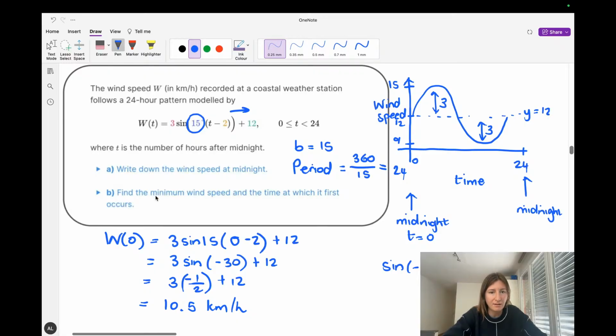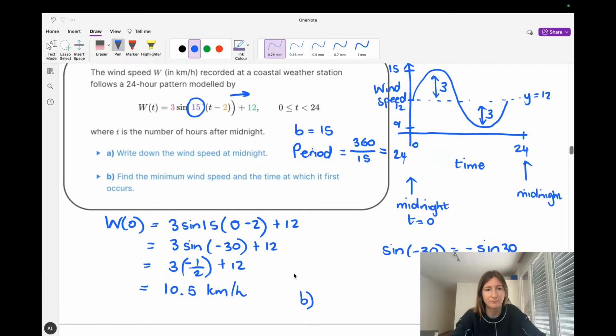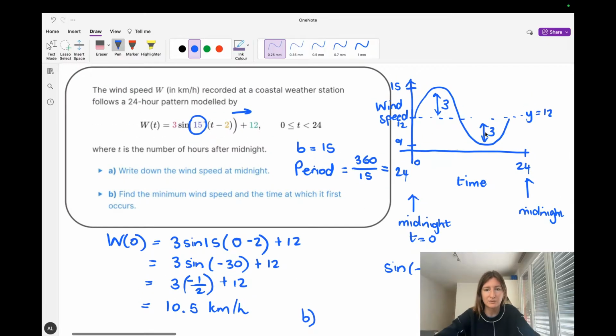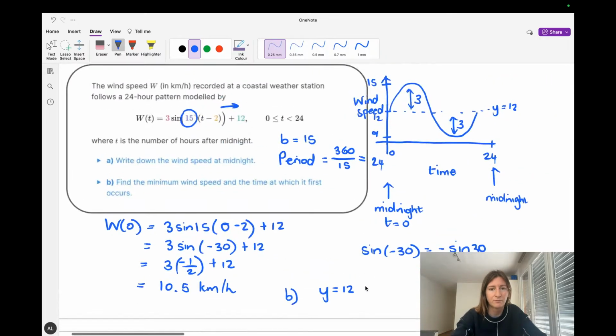All right, find the minimum wind speed and the time at which it first occurs. So minimum wind speed, we've actually already got this in our graph, but if we hadn't, we would know that the principal axis was at y equals 12, and the amplitude was 3.